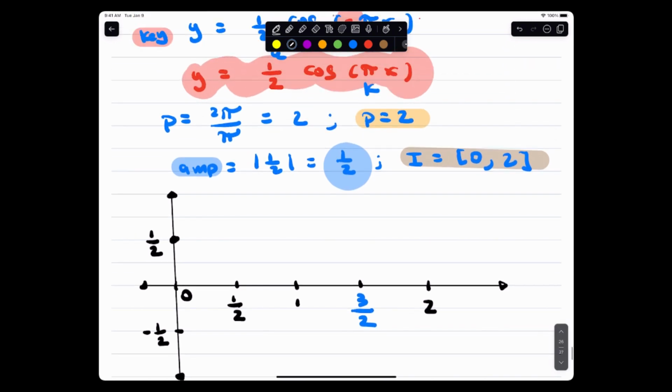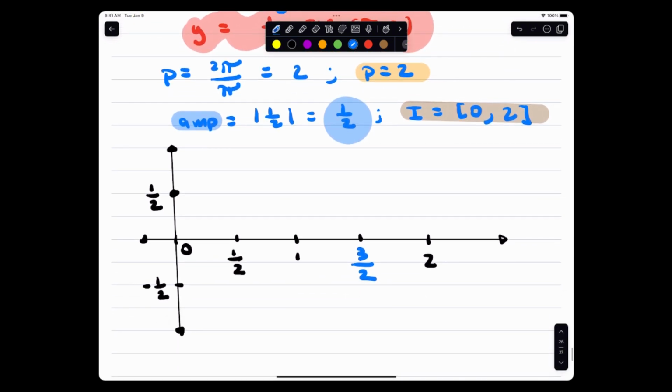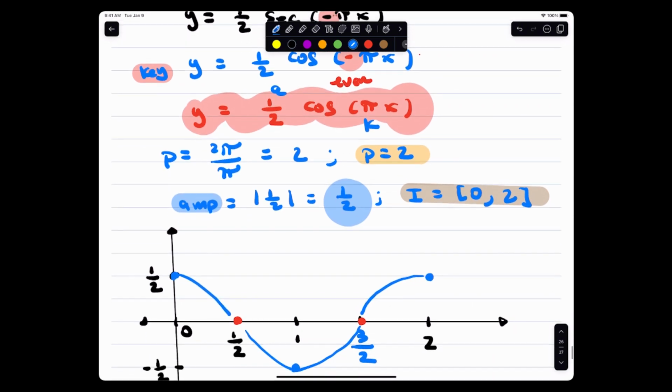So we're graphing cosine. So you're going to start at the maximum value, get to the x-intercepts, go down to the minimum value, and then get to your x-intercepts, and then go up to the what? The maximum value. Sketch cosine. And then that's the key, right?